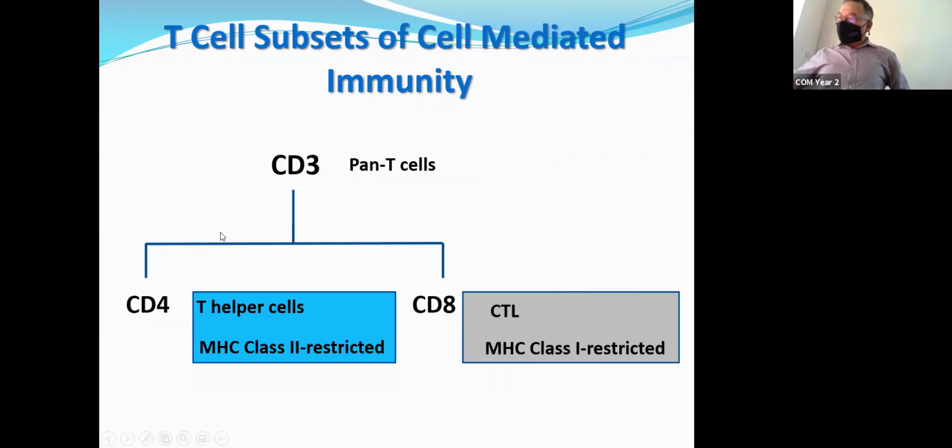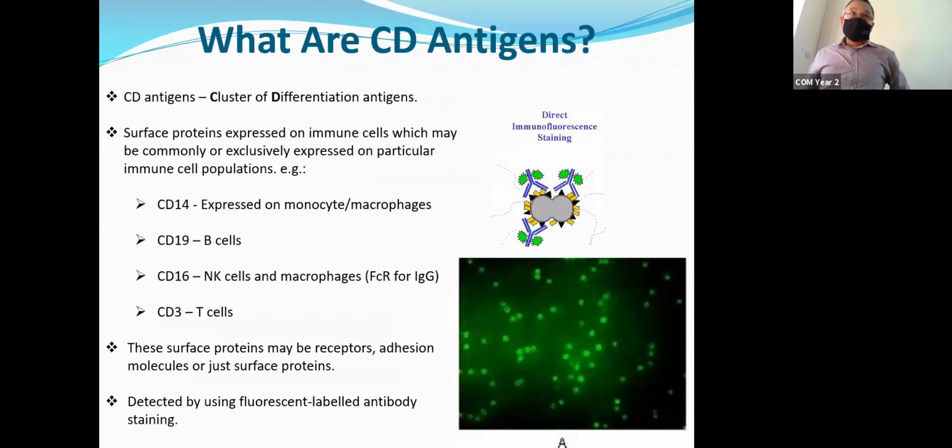So first of all, what are CD antigens? Every cell that's involved in the immune system, whether you're talking about macrophages, NK cells, or neutrophils, expresses a wide range of surface molecules. These could be receptors, adhesion molecules, cytokine receptors, and so on. Some of these surface molecules are only expressed in cells of particular lineages.